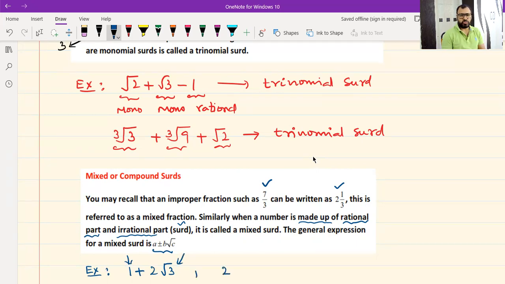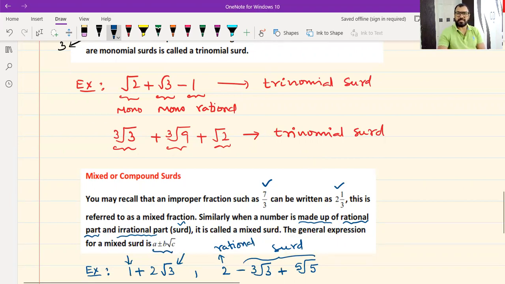Or 2 minus cube root of 3 plus fifth root of 5. This part is entirely a surd and this is a rational. So a sum of a rational and a surd is simply known as a mixed surd.